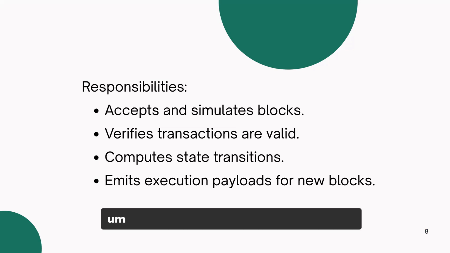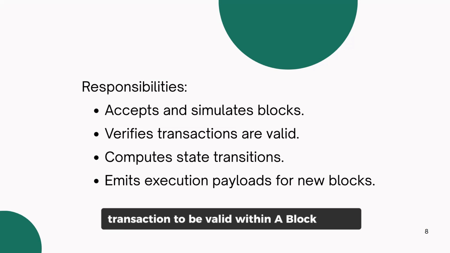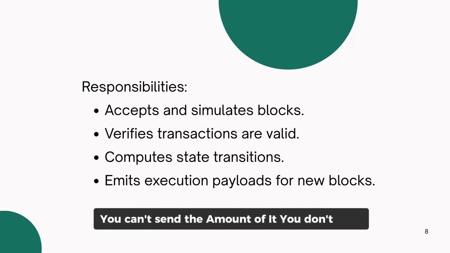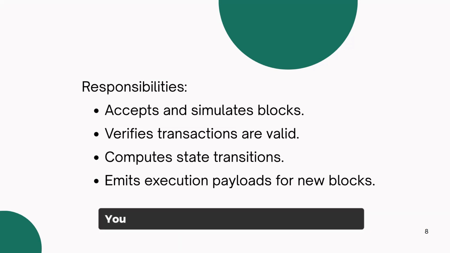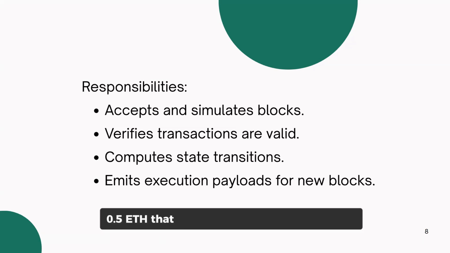Some of the criteria the execution client uses to verify a transaction to be valid within a block is that you can't send an amount of ETH you don't have. For example, you can't say you want to send 2 ETH to Alice when you only have 0.5 ETH. That transaction is going to fail.